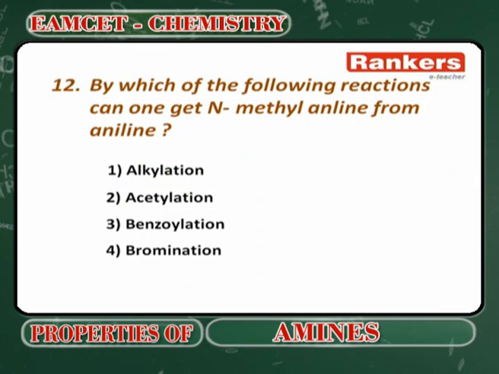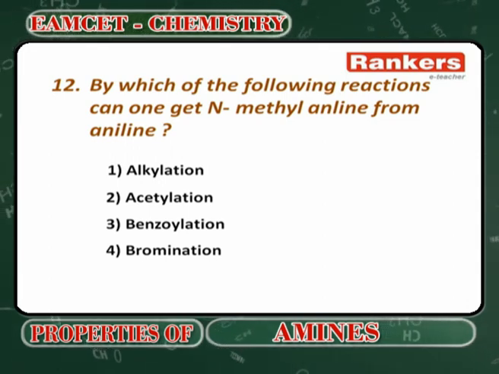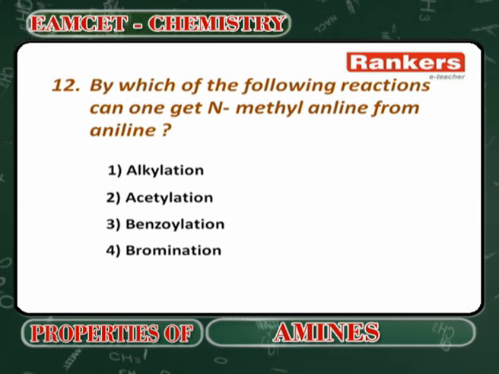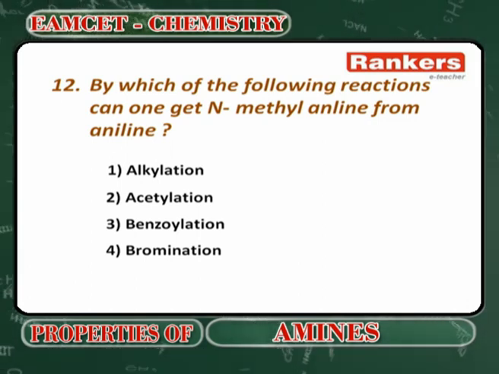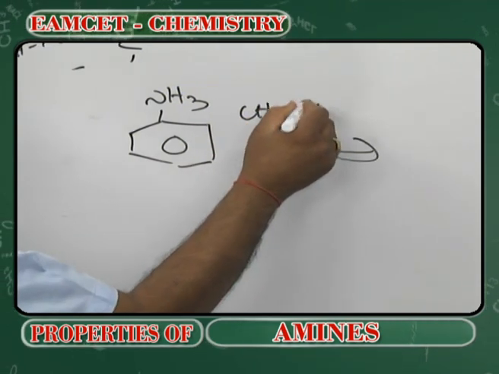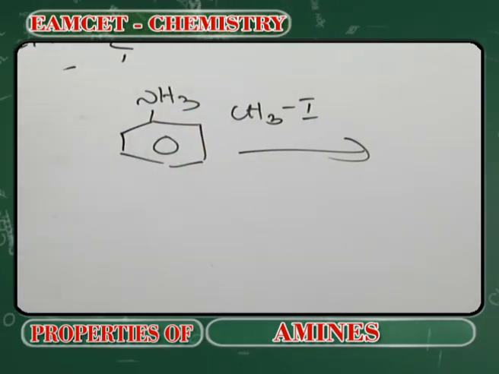Next, by which of the following reactions can one get N-methyl aniline from aniline? Aniline gets N-methylation, as we have seen. Aniline undergoes N-alkylation and N-acylation, instead of ring substitution, when you treat it with an alkyl halide. Methyl iodide is better, a little costly, but the reaction is successful.